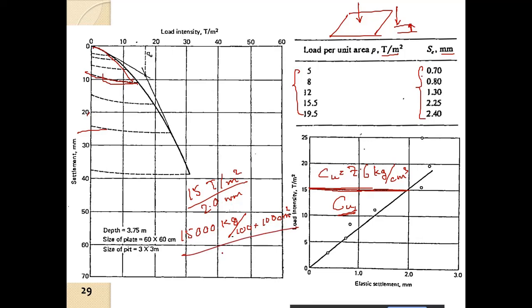And 2 mm is 0.2 centimeter. So divided by, 1.5 by 0.2 kg per centimeter cube. So we have how much?